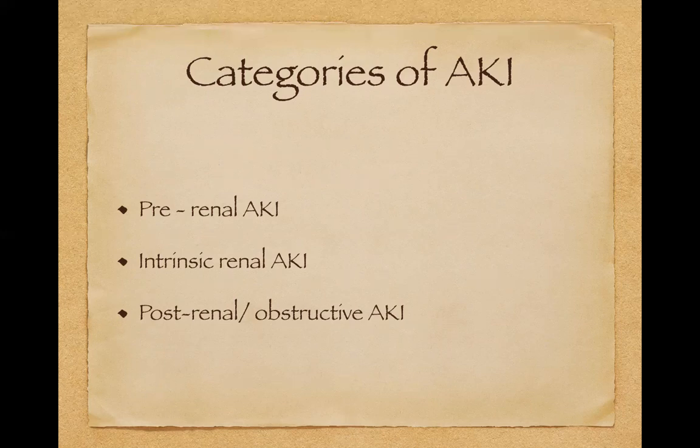And if they have a pyelonephritis, that can also cause an obstructive picture if it's really bad, depending on where the infection is. So it all depends on that. They can actually have a combination of all of the above.